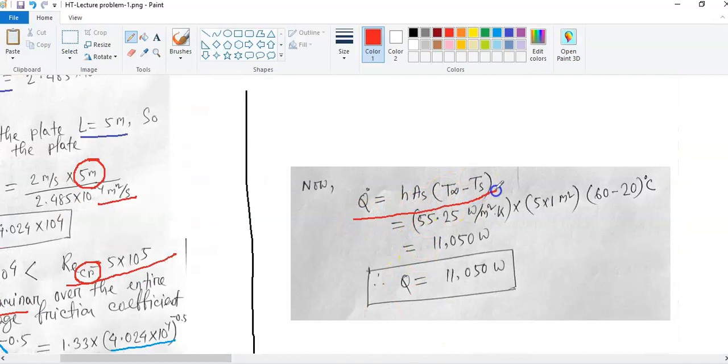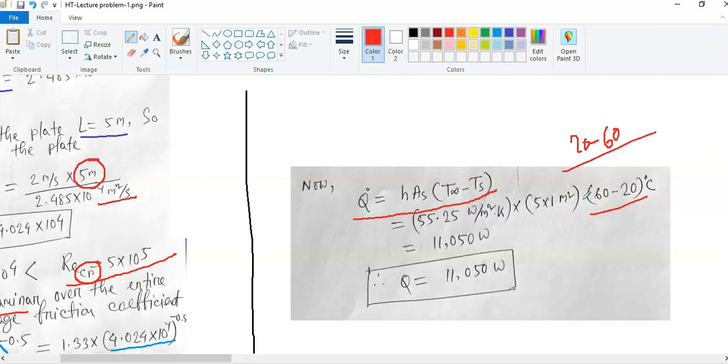Once we have this convection heat transfer coefficient, then we use this formula, which is h A_s and the delta T. I already explained it will be 60 minus 20, the temperature difference. Some of you may write it is 20 minus 60. That will give you a negative value. You can't do that because the heat will always go from the higher temperature to the lower temperature.